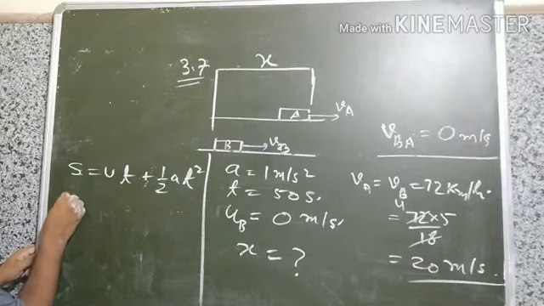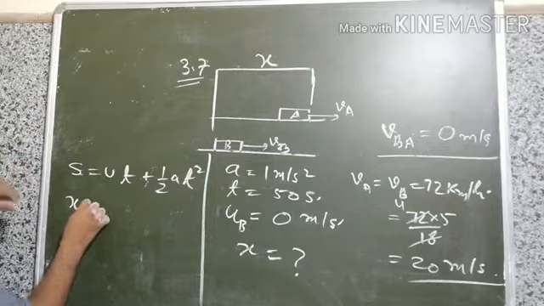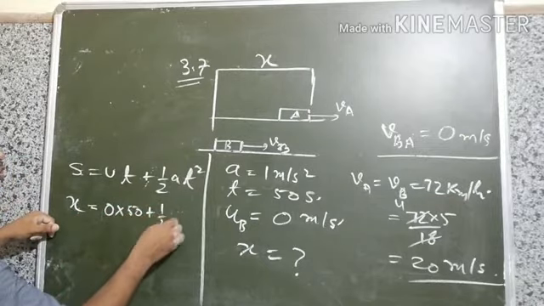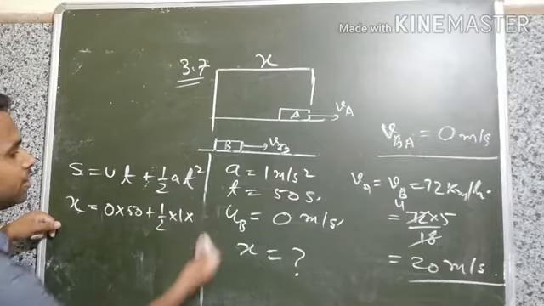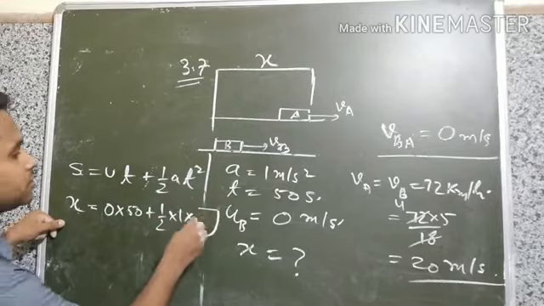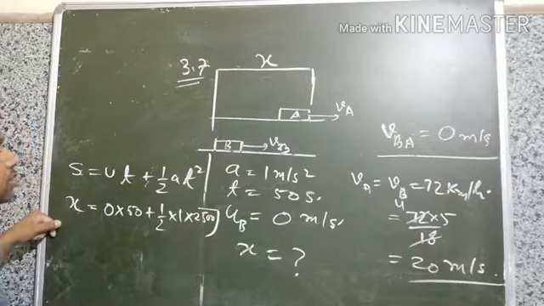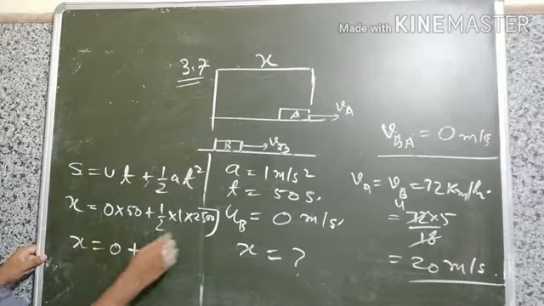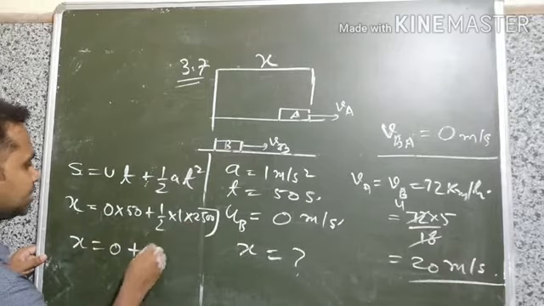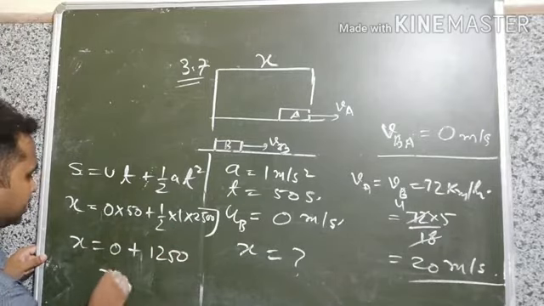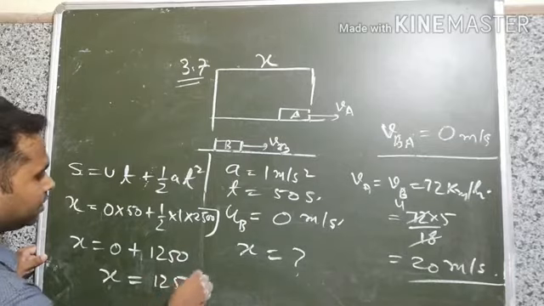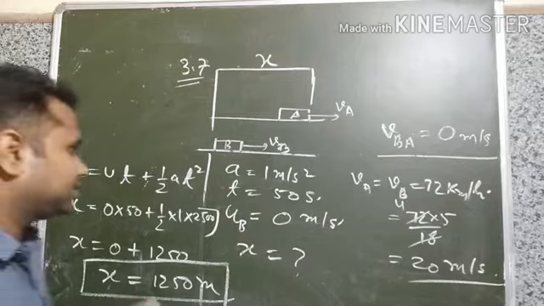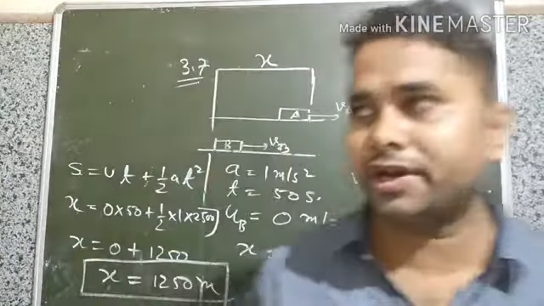S is what we have to calculate, this is x, u is 0, one by two, a is 1, and t square means 50 square, which is 2500. So x equals 2500 divided by 2, which is 1250. So x equals 1250 meter. This is the initial distance between the two trains.